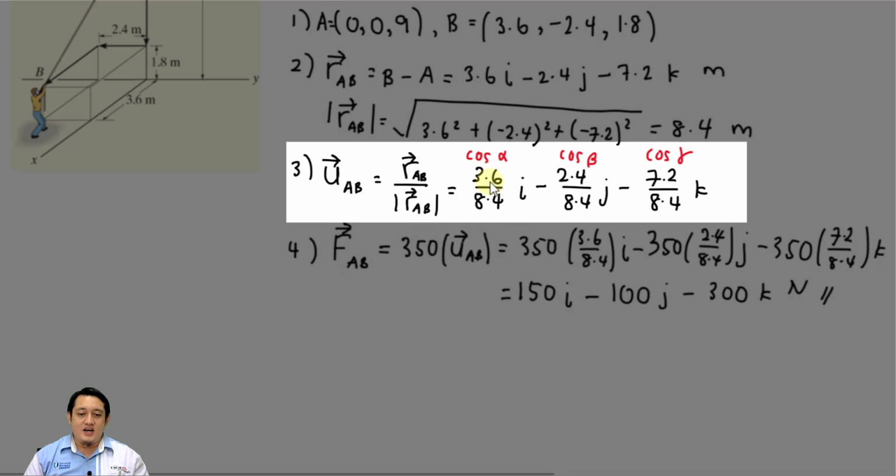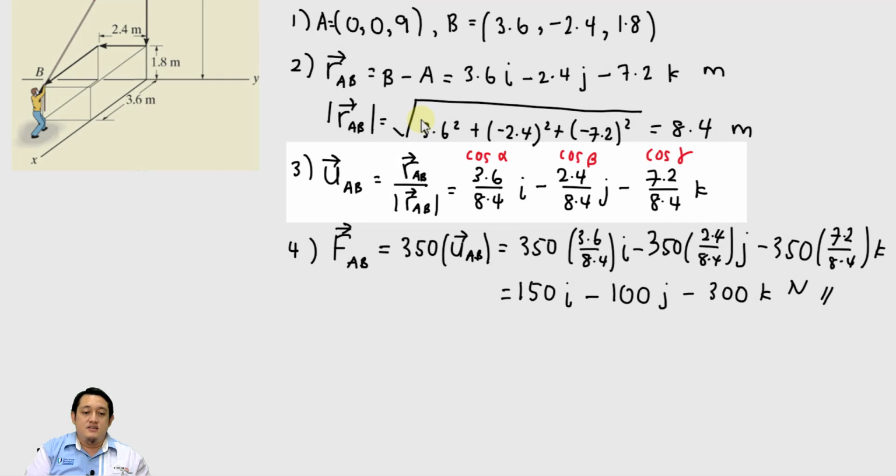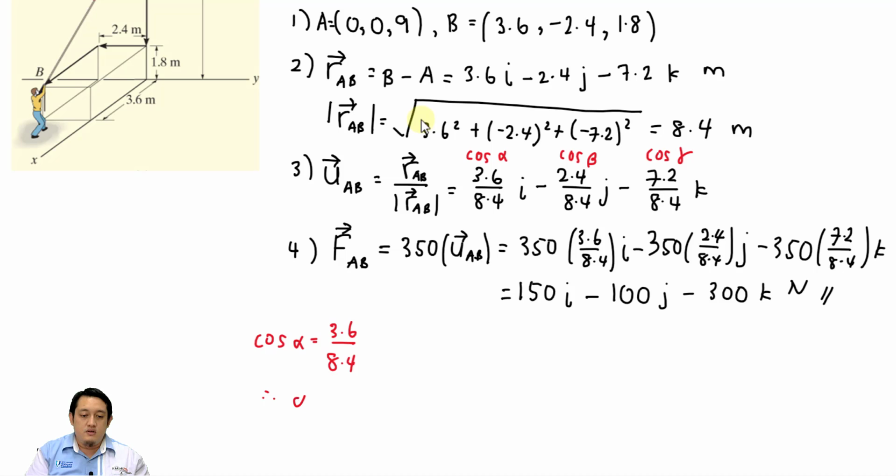Therefore, to calculate alpha, beta and gamma, which is the direction of this force here, cosine alpha is equal to 3.6 over 8.4. Therefore, alpha is 64.6 degrees. So this is the direction of alpha.